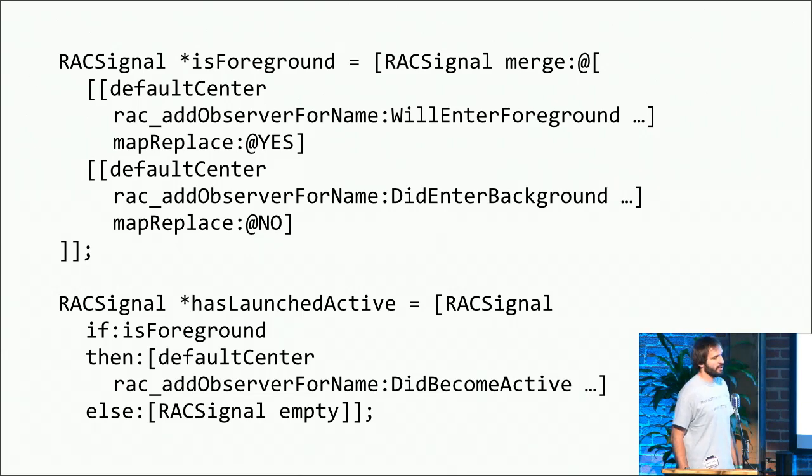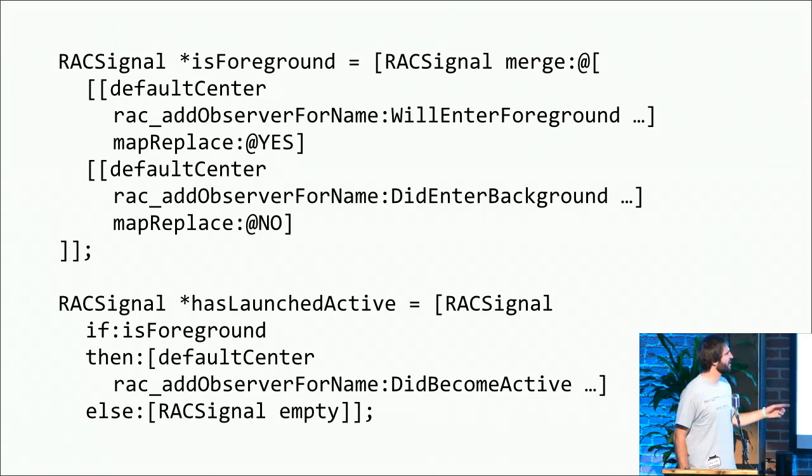Now that we know whether we're in the foreground, the next thing we can use is that RAC has this nice if-then-else construct. So if is foreground, whenever that signal sends yes, then we're going to use the then piece of this method. And here, all we're doing is giving it another signal. Whenever it's foreground, we want this other signal that's did become active. And when it's not foreground, we're just passing in RACSignal empty, which means no values are going to get sent.